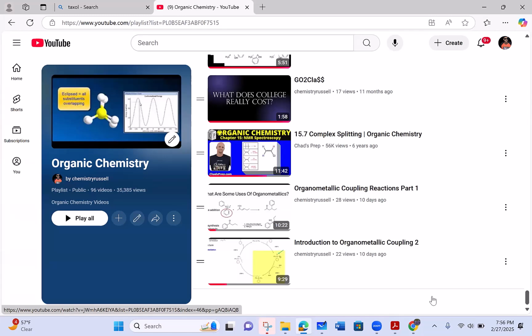I'm not expecting you to know how they work or anything like that, but it may be a bonus question. My point of doing that was to show you that this is real chemistry. All these coupling reactions we've been talking about, there are a lot of ways to do coupling.